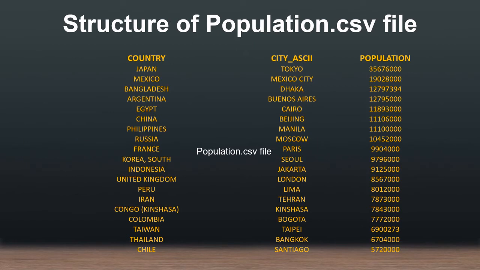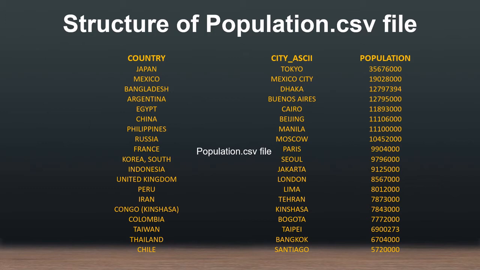Because we are going to handle a file, I have taken an example CSV file named population.csv. This is the population.csv file, having three columns. The first column is country, the second column is city_ascii, and the third is population. It just contains the population of the city.